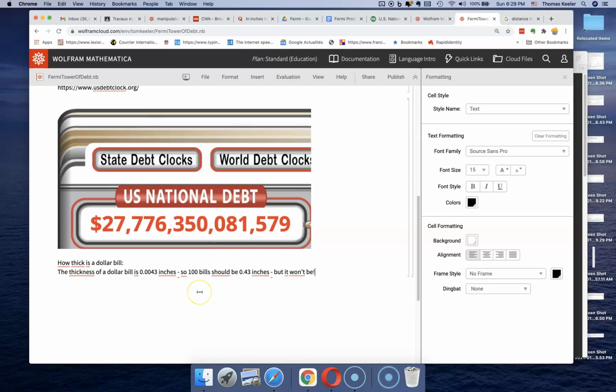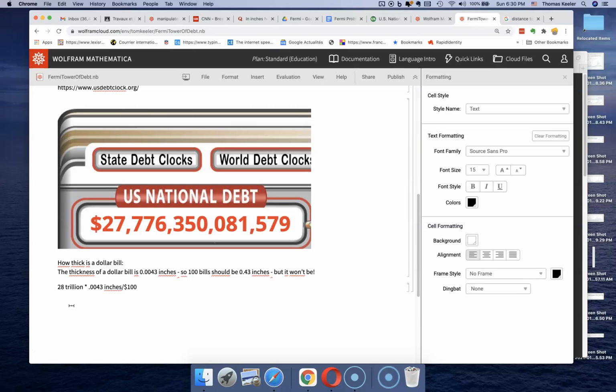Okay, so if we were going to write this out as a conversion, let's see if we can do it. We can just write it: 28 trillion times 0.043 inches per $100, right?